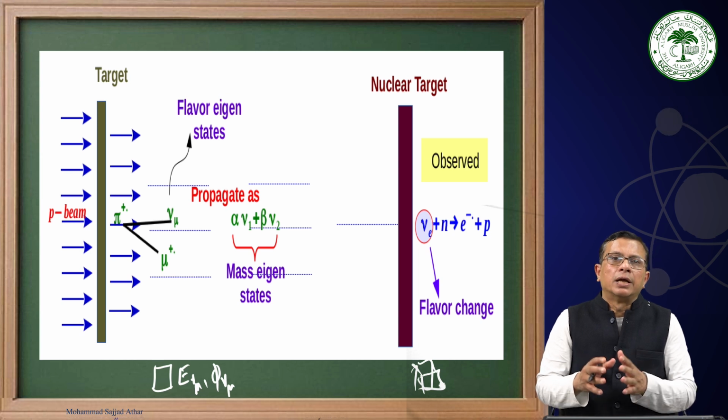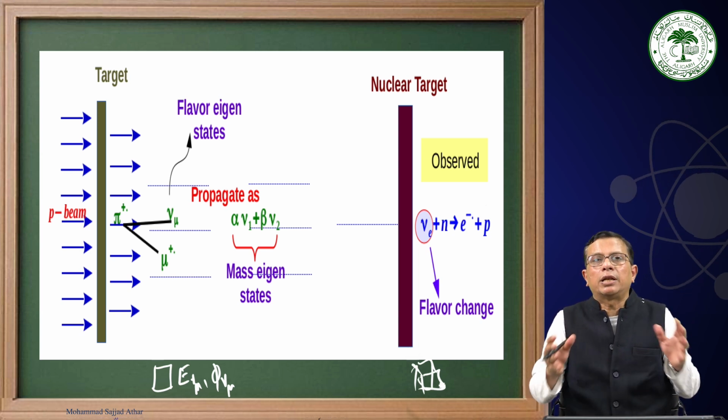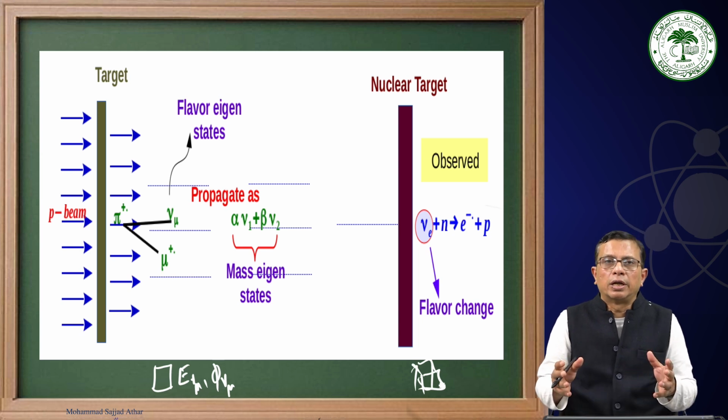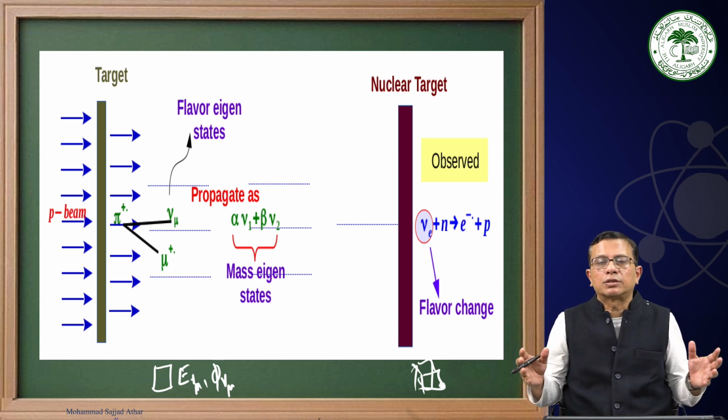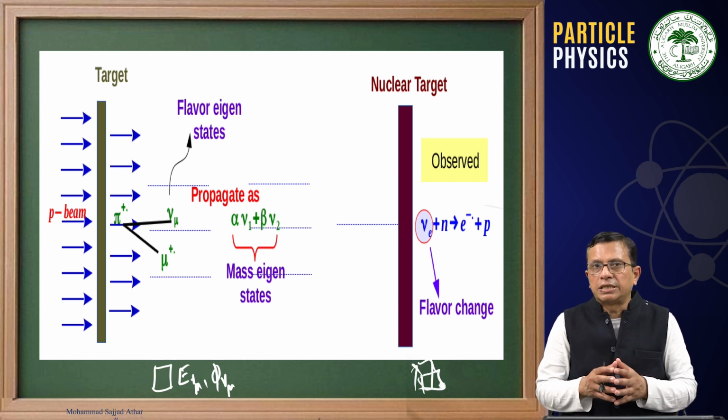This kind of thing is there in the case of accelerator experiments. You cannot have this in the case of solar neutrinos or supernova neutrinos, etc.